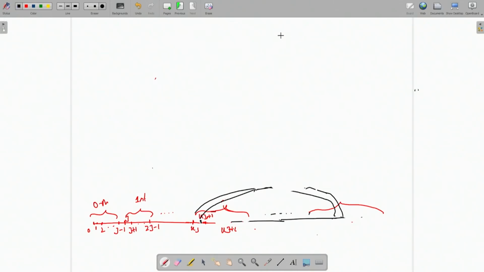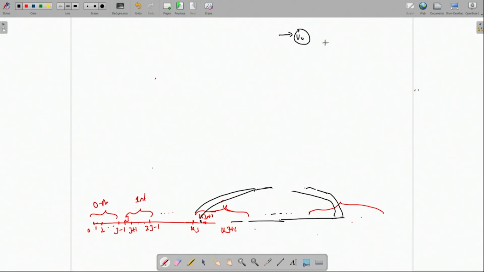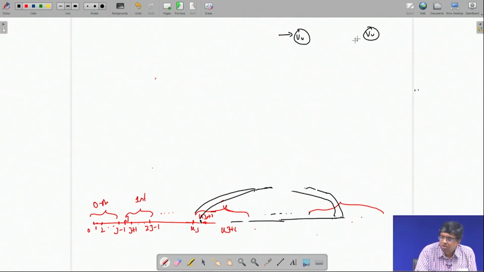So here U0, V0, this is going to somebody. Let me call it VL, which is equivalent to V of W percentage J.